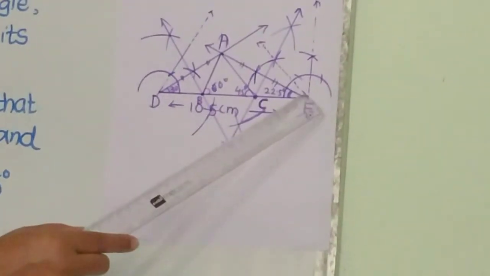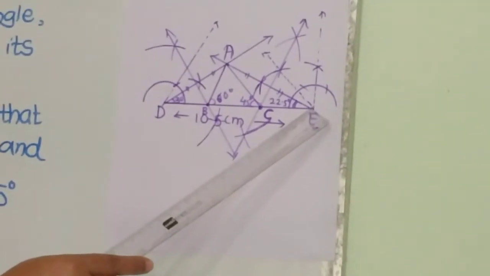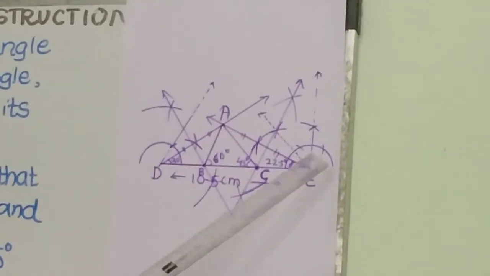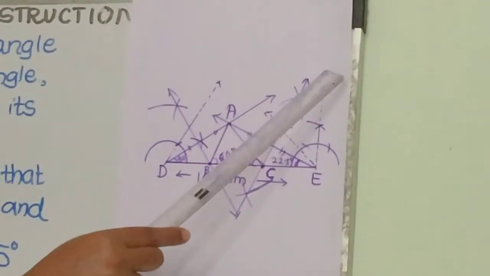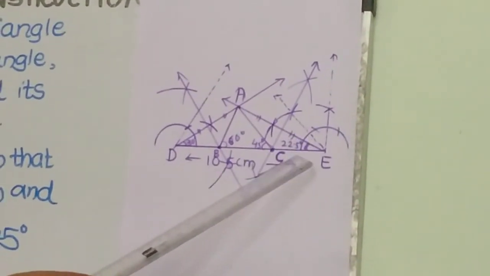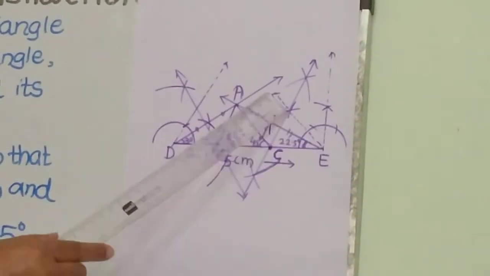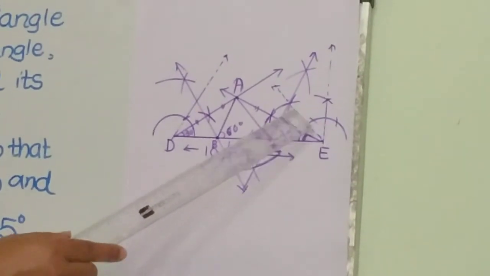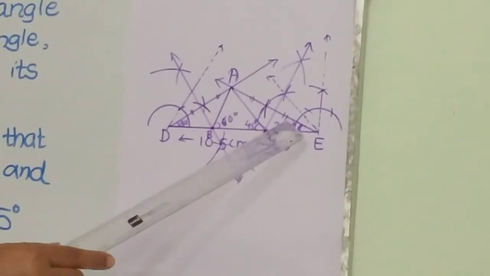The same process we are going to do for this side, that is for point E. From E we draw the semicircle, then mark the two arcs. From this, first we draw the 90 degree angle, then we draw the angle bisector of 90 degree, we get 45 degree, then again we bisect the 45 degree, so we get the required angle 22.5.